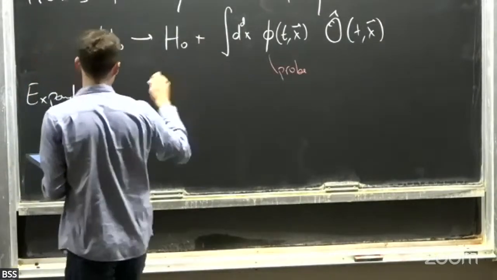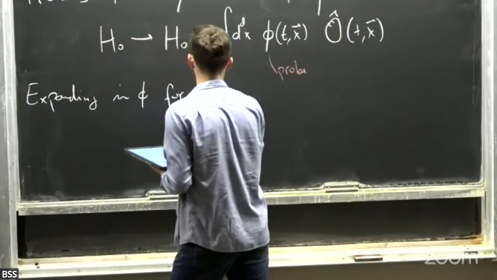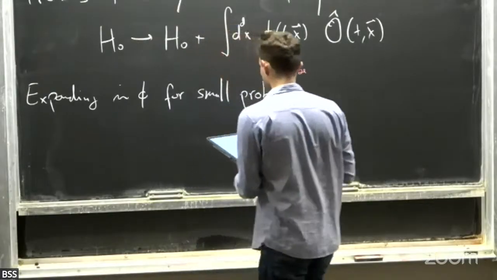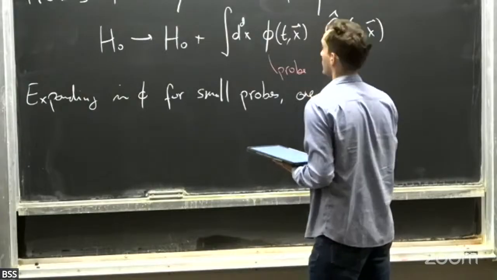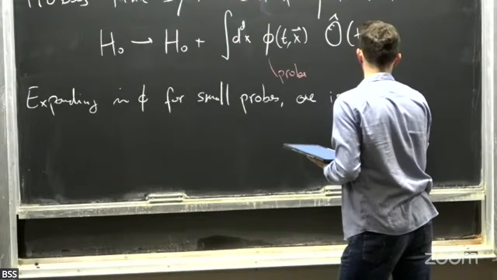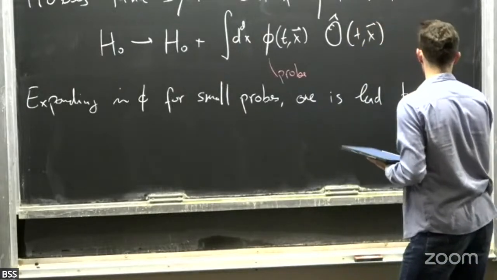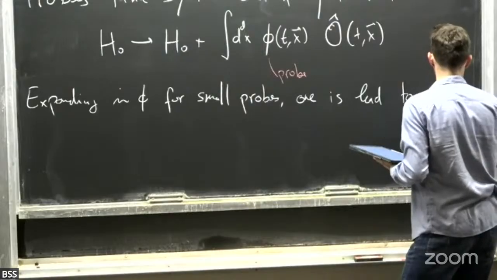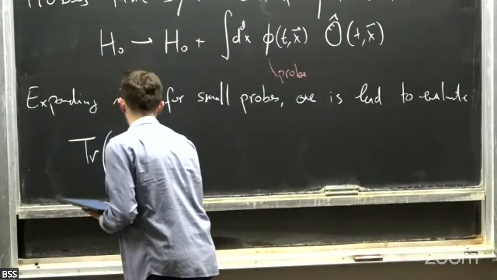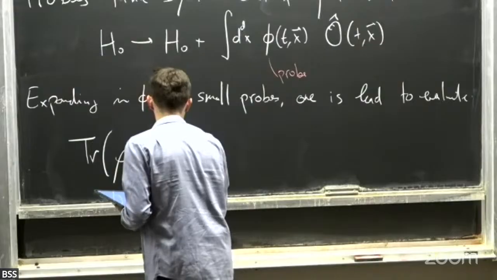So expanding in these probes, instead of a complicated out of equilibrium calculation, one is led to evaluate correlation functions in equilibrium. Okay, that will involve these operators that we've excited.